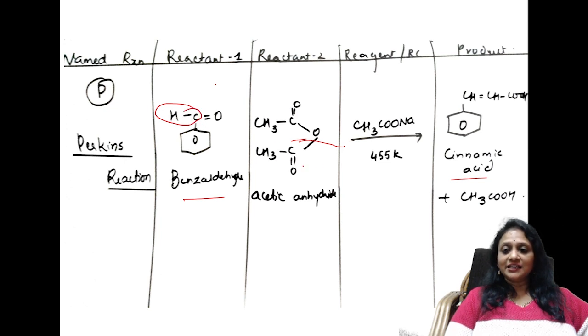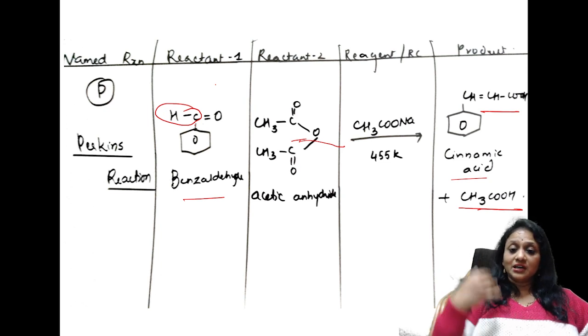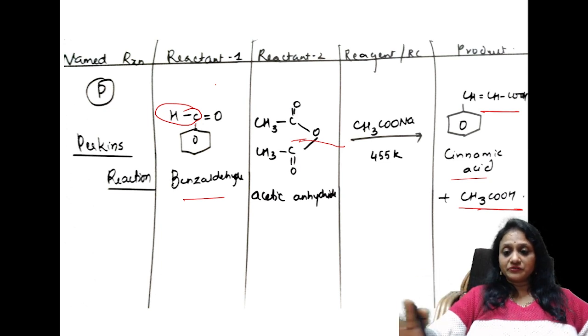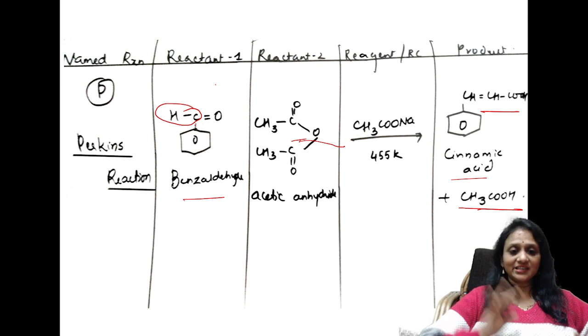Along with that, the remaining part comes and adds to this benzaldehyde, giving cinnamic acid, and the leftover thing is nothing but your acetic acid. So benzaldehyde is converting into cinnamic acid in the presence of sodium acetate at 455 Kelvin. So this is your Perkin reaction.